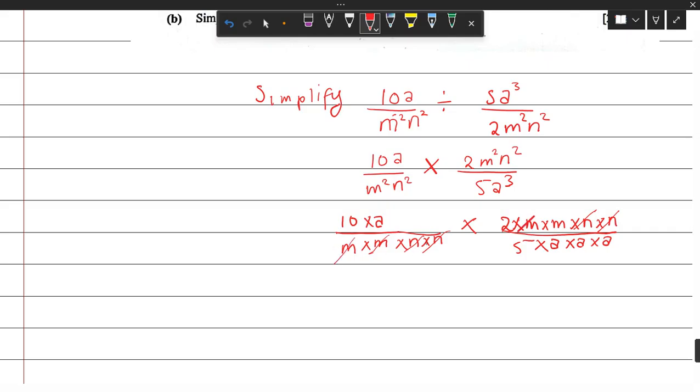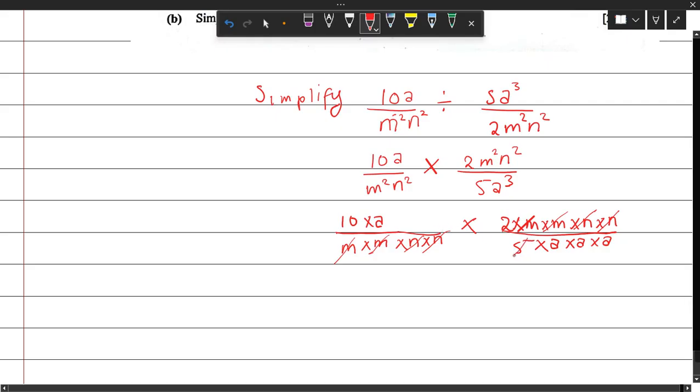This m cancels with this m. But if m was in the same numerator, we can't cancel, because the rule of multiplication doesn't apply. So you can only cancel numerator with denominator. Numerator is the number on top, denominator is the number at the bottom. So we know 5 is divisible.